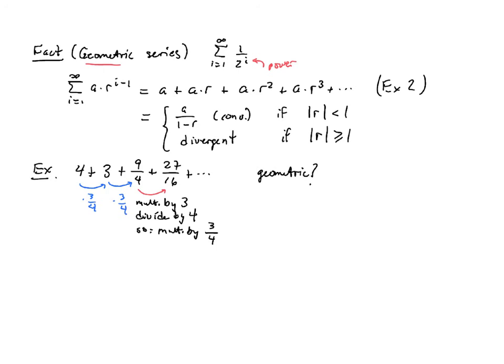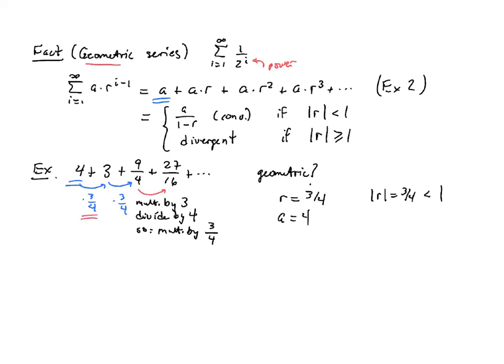And so what we conclude from this is that r equals 3/4, which we see is in absolute value strictly less than 1, and a, which is always the first term that we have in our geometric series, is exactly 4.